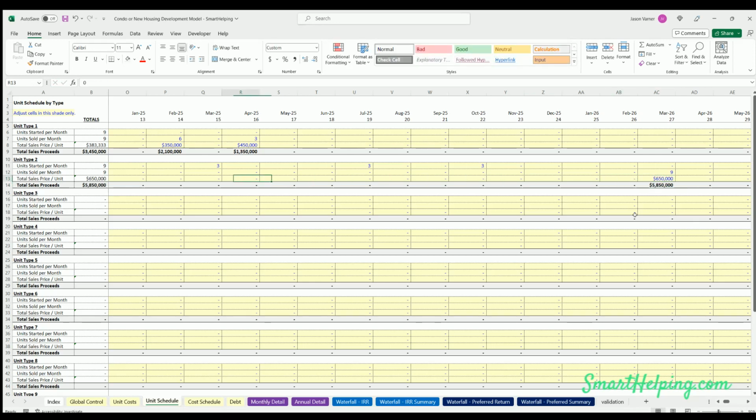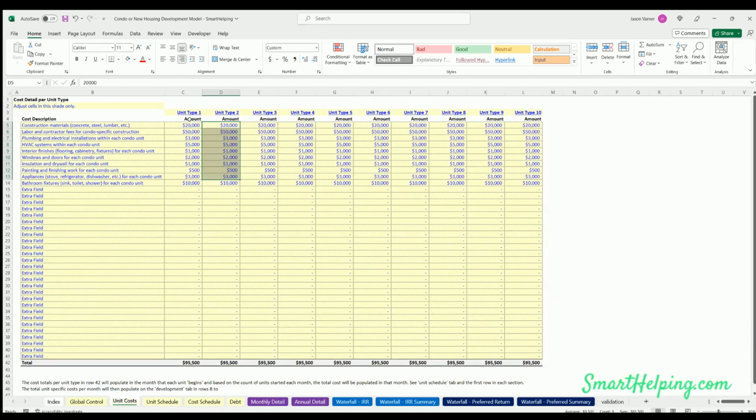So you kind of get the idea, but you can fill that out for every unit type based on whatever is your case. We're just going to use the top 2 unit types so you can see how it works. So now every time I have a number in units started per month, it's going to multiply that number by the unit cost total for that type.